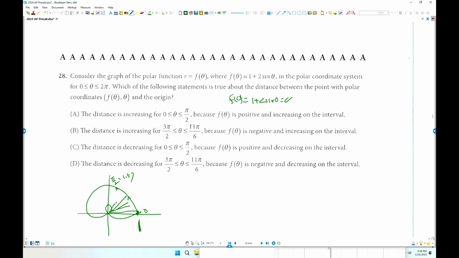The value of R, the distance, is increasing, right? Actually, this graph looks like this. This is better, right? Okay. All right. Anyway, this is correct. Okay, f theta is positive, increasing on the interval. Okay. Yeah, we already got the answer here.